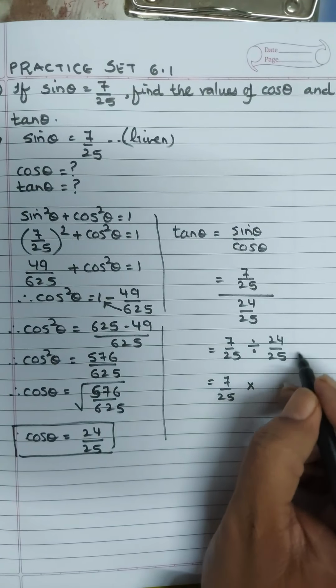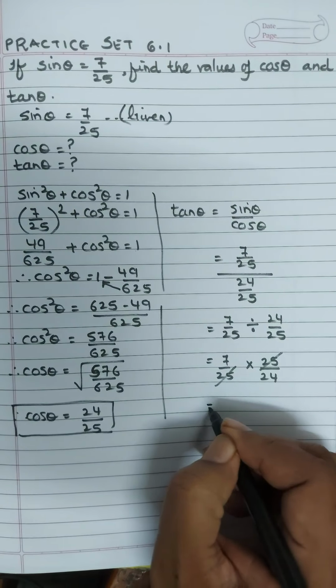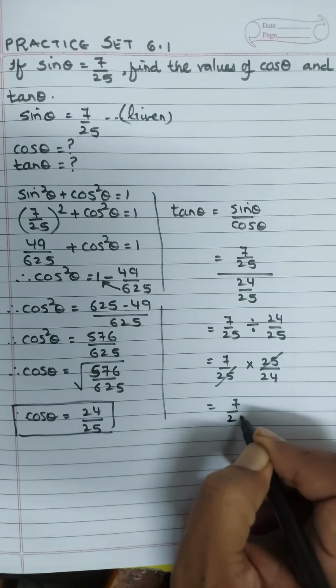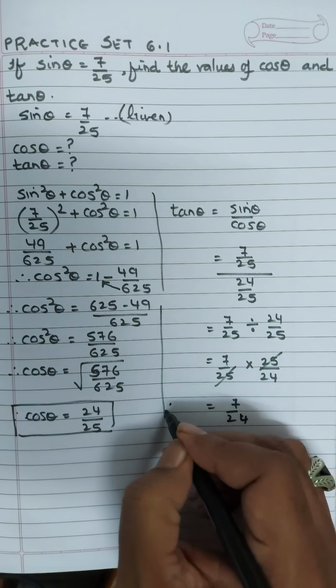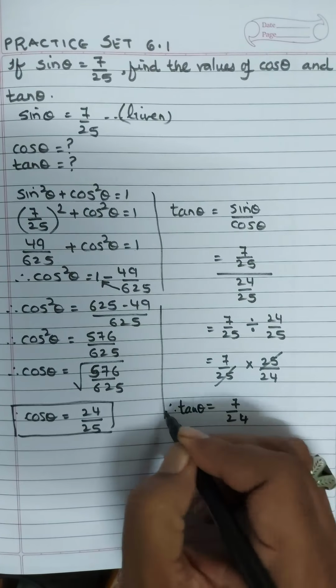So 25 we write in the numerator and 24 in the denominator. Here 25 gets cancelled. So our answer is 7 upon 24. Therefore tan theta is equal to 7 upon 24.